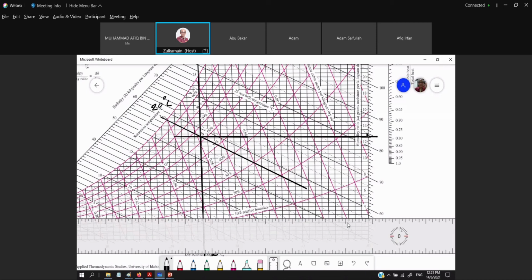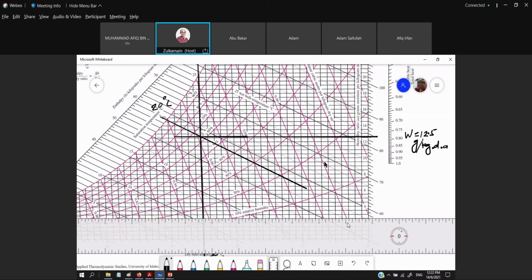This is 14, this is 13. It's about 12.5. The omega is equal to about 12.5 grams per kilogram of dry air. So that should be our value of omega.